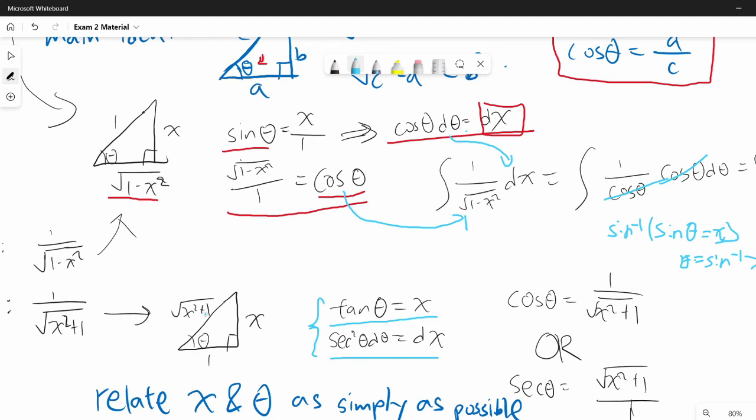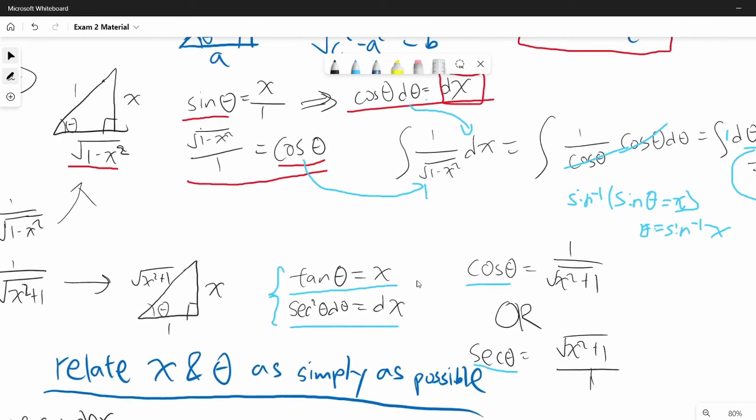So here, let's relate the square root part back to theta too, because that's what we're trying to substitute. In this case, 1 over the square root part would be cosine theta, or you can just do secant theta, which is just the inverse of that. Either way is fine.